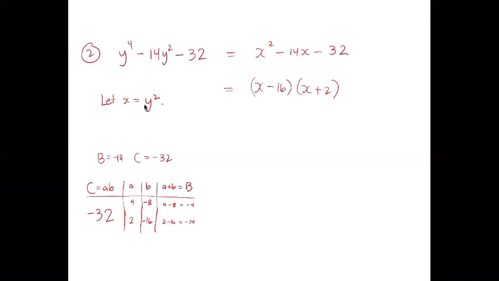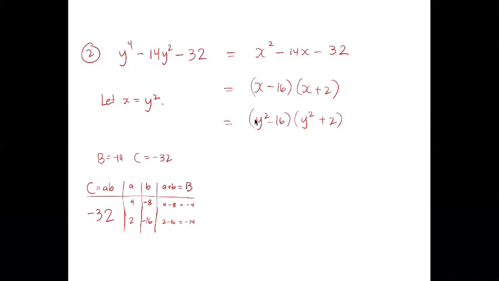Now we bring y back. So we will have y squared minus 16 times y squared plus 2. If you look at this, y squared minus 16 is a difference of two squares, so we can still factor. While for y squared plus 2, this is already prime.